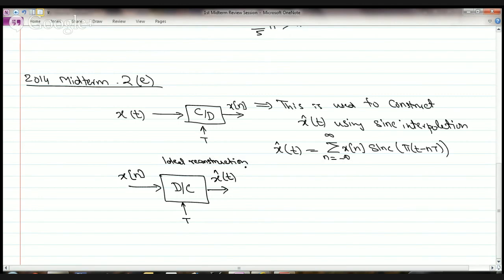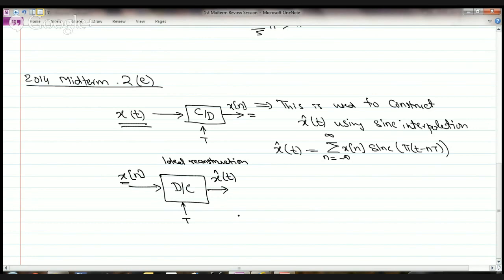Okay. So first of all, what is happening in this question is you are starting with a continuous time signal. You are ideally sampling it, and after sampling, you are then ideally reconstructing it. So you start from the signal, sample it, and then immediately reconstruct it.